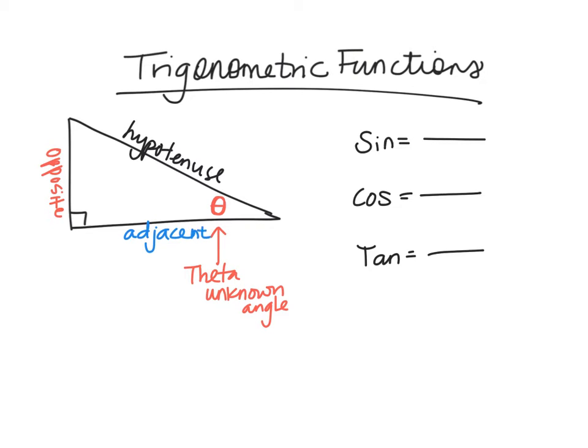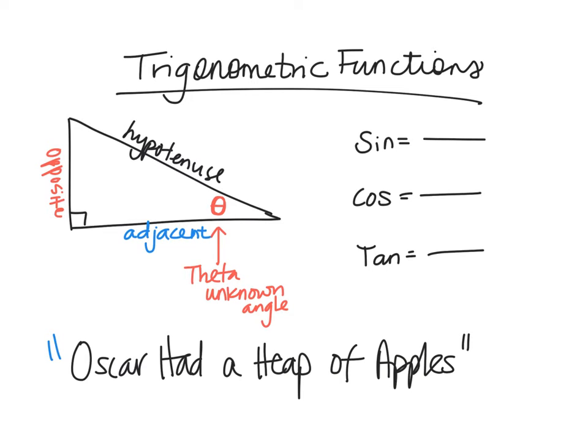Now the first thing you have to be able to do is to label that triangle. So you need to know hypotenuse is always across from the right angle. Opposite is always across from the theta, the unknown angle, and then the adjacent side is going to be the other leg.